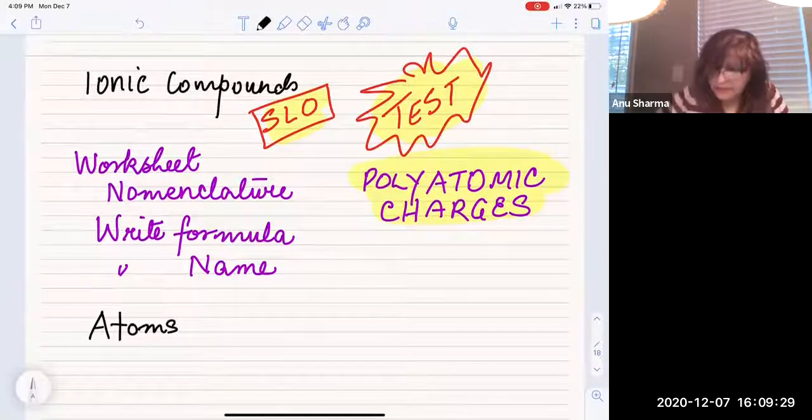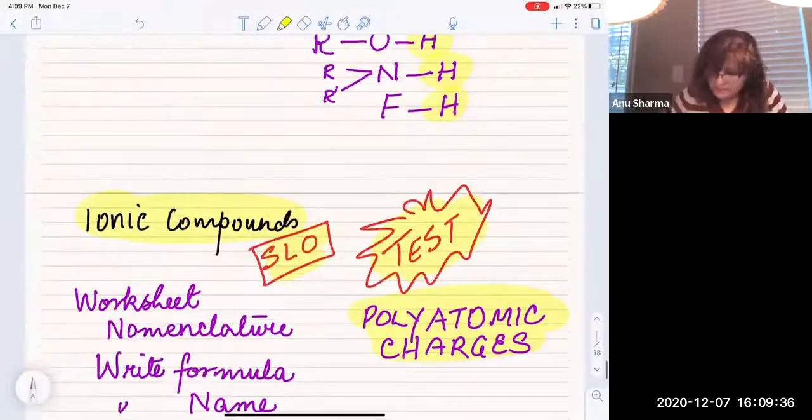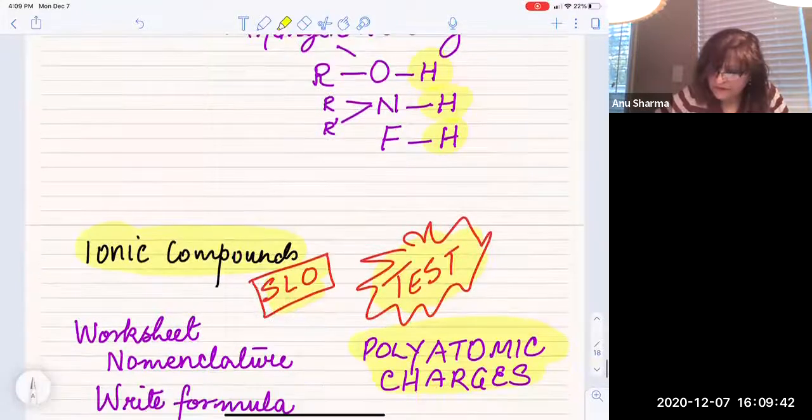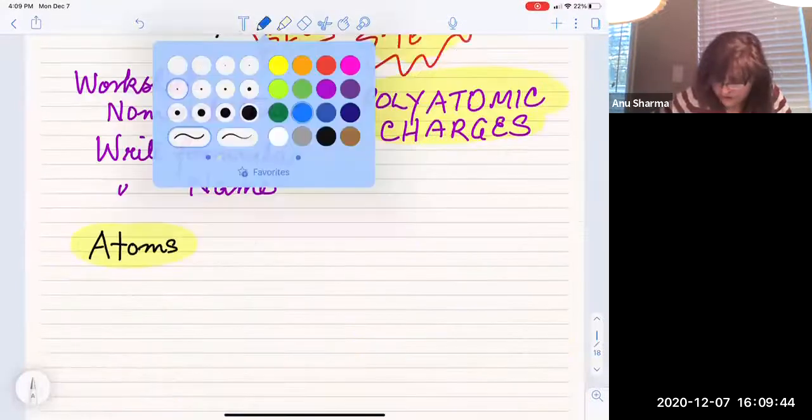In that chapter, you should know the electronic configuration.